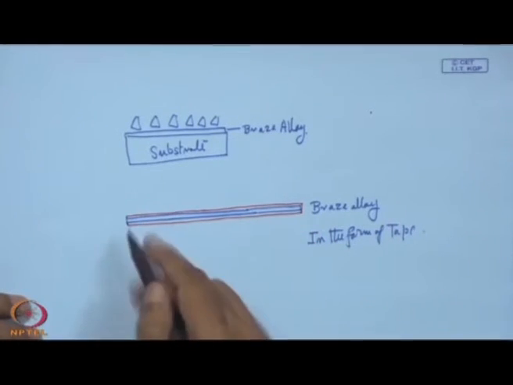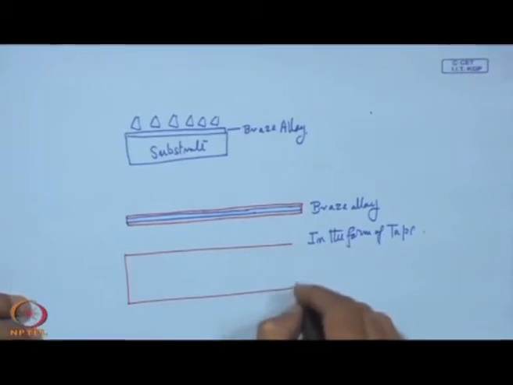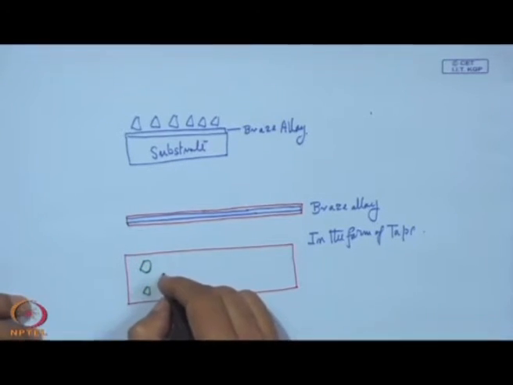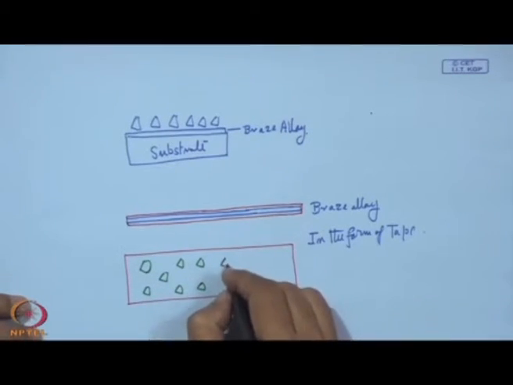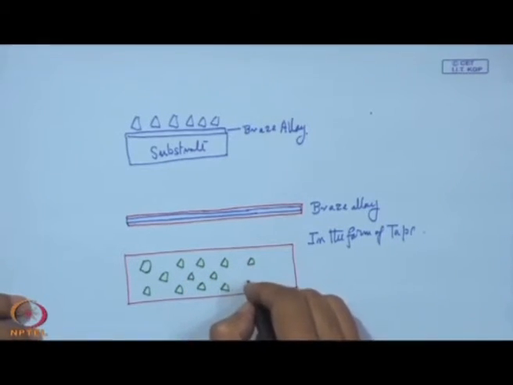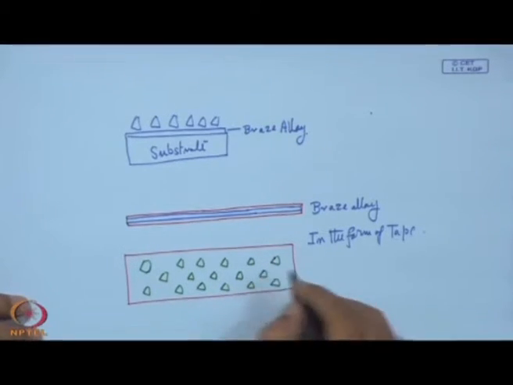Now, from the top, what we can see is the width of the tape, and we can show that these grits can have some kind of regular setting, and we should be able to change this setting.